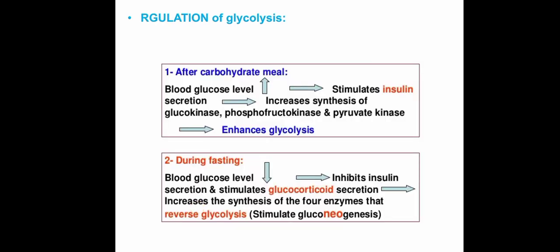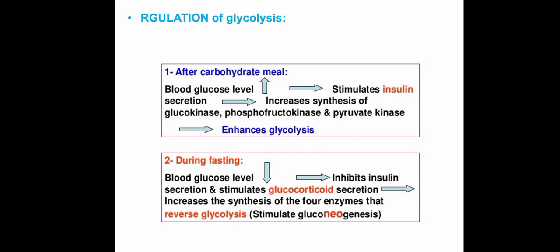Okay, next is the regulation of glycolysis. Now, how is glycolysis regulated? There are two conditions. First, when we have a sufficient amount of glucose or carbohydrate in our body.